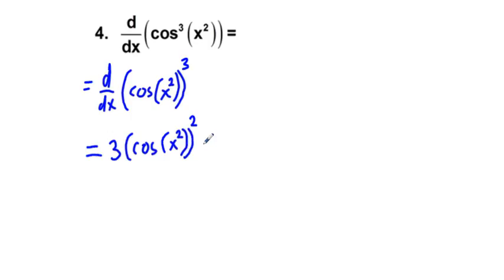Well, the derivative of cosine is going to be, I'll say, negative sine of x squared. But wait, there's one more thing, because now we have to take also the derivative of the inside of the argument, which is x squared. So we're going to have to multiply again by 2x.